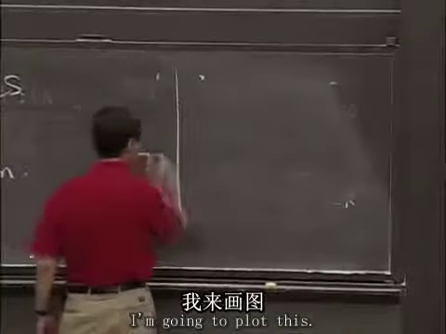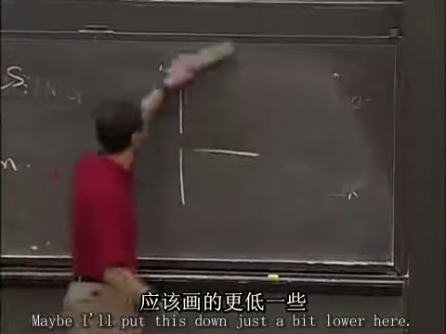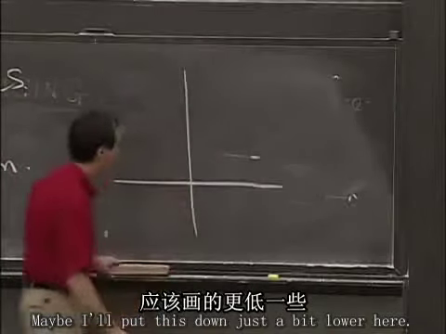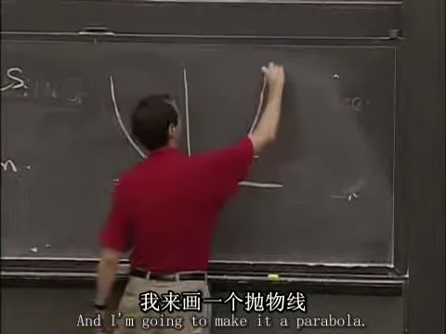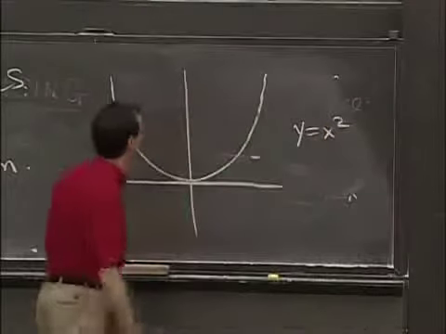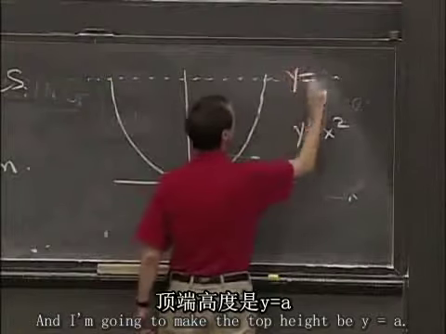I'm going to plot this. Maybe I'll put this down just a bit lower here. And I'm going to make it a parabola. This is y equals x squared. And I'm going to make the top height be y equals a.